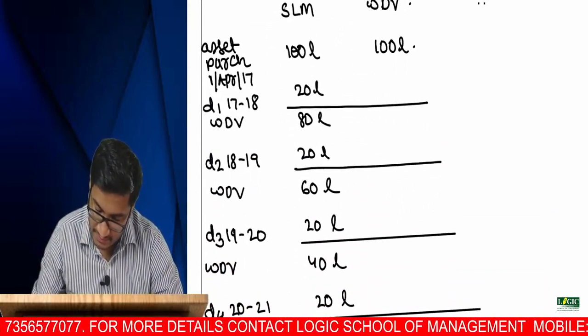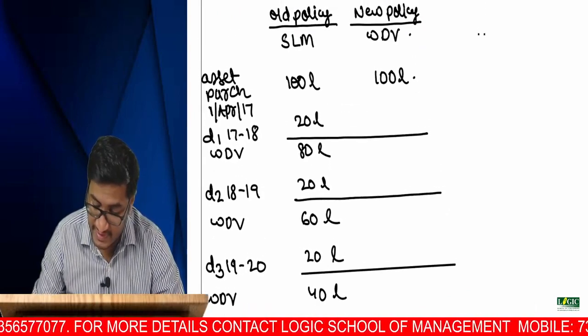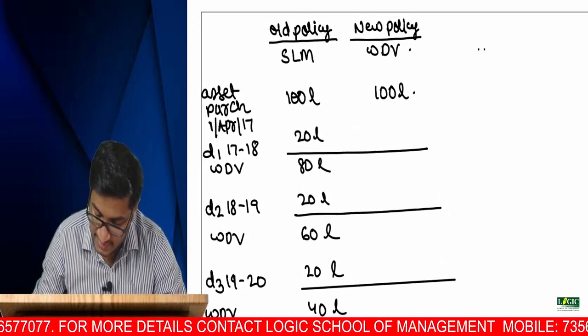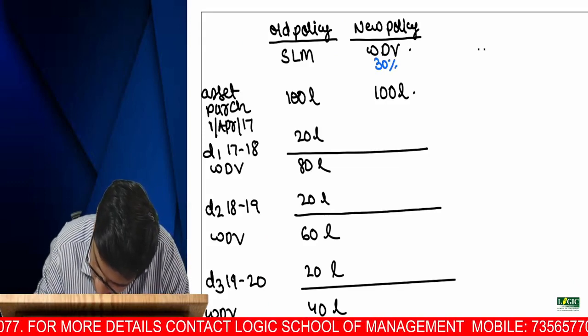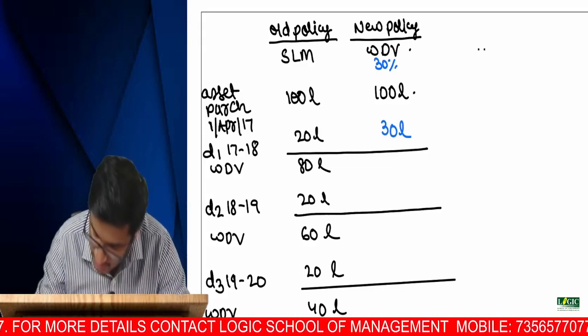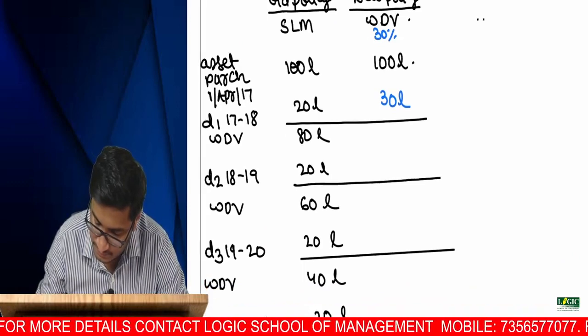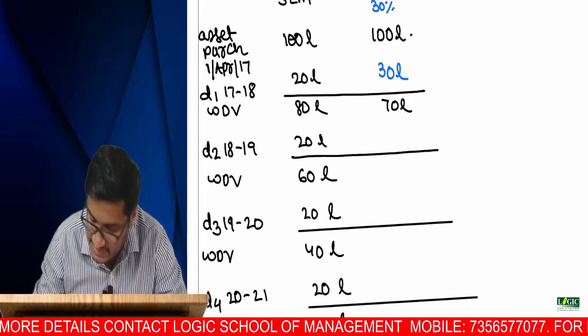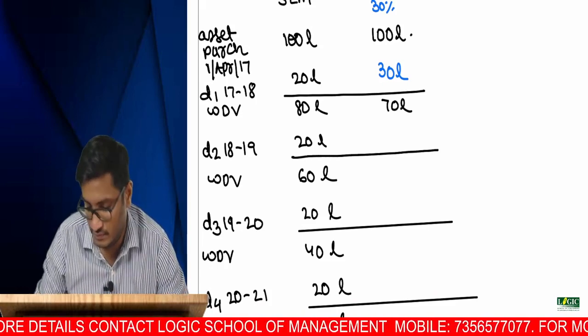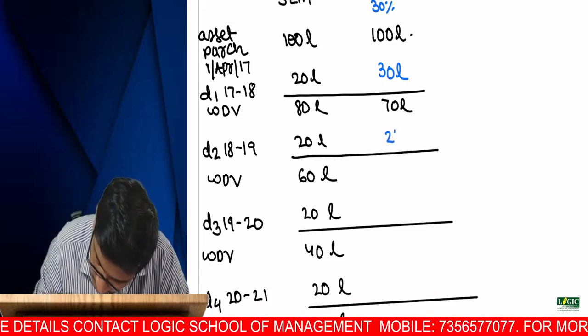Now tell me SLM 30%, not SLM, WDV method 30%. 30 lakh. So what is WDV? 70 lakh. Next depreciation 21 lakh.